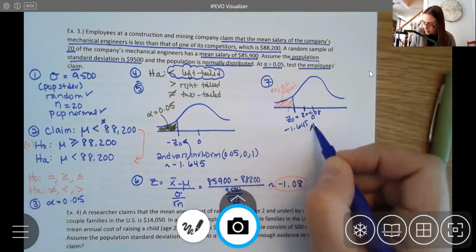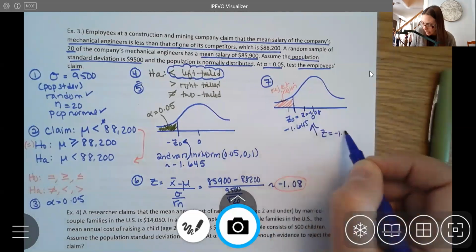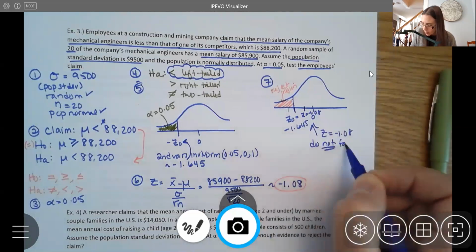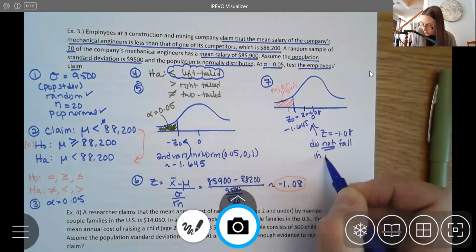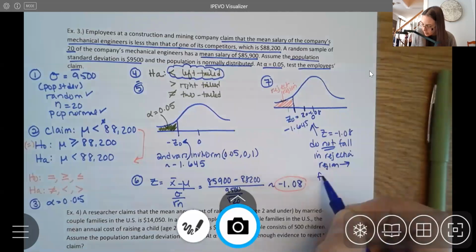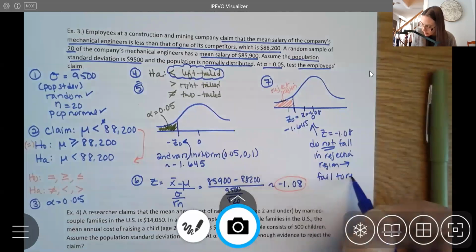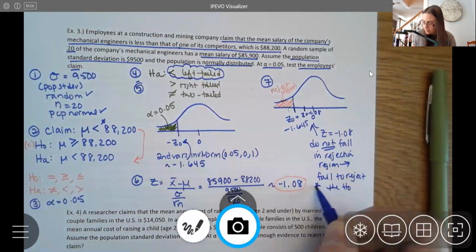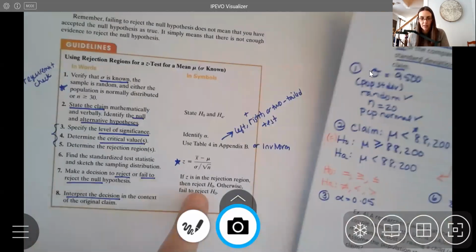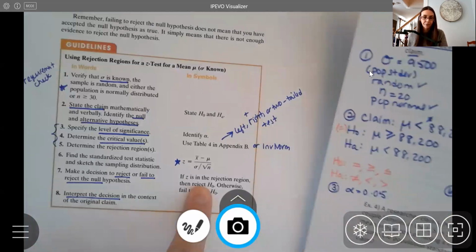So our z value of negative 1.08 does not fall in the rejection region. So we fail to reject the null hypothesis here. If it's outside that shaded region, you are going to fail to reject the null hypothesis. And there's a little reminder about that right there.